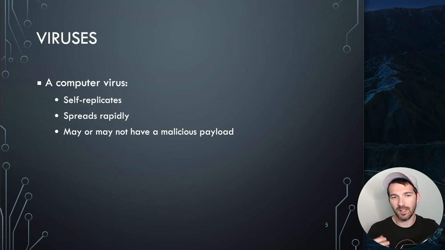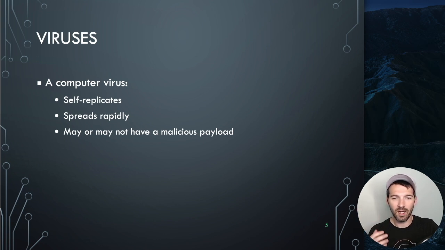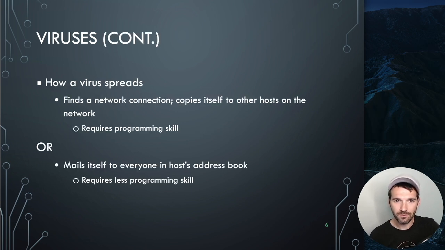We'll spend a minute talking about Samy Kamkar's MySpace virus and how that worked, but that used the MySpace platform and cross-site scripting as a technique for replicating. We'll talk about the I Love You virus and how that used email and a weakness in VBScript to replicate. But really the key thing for you to understand is that when you hear virus, it's self-replicating, moves quickly, and needs a host in order to operate.